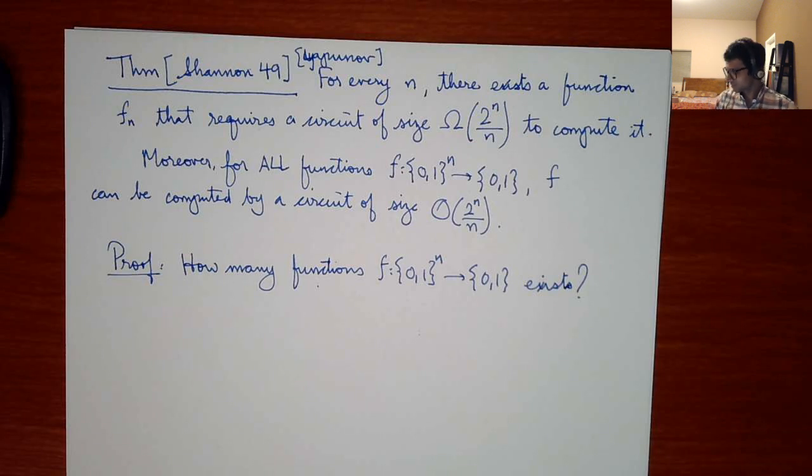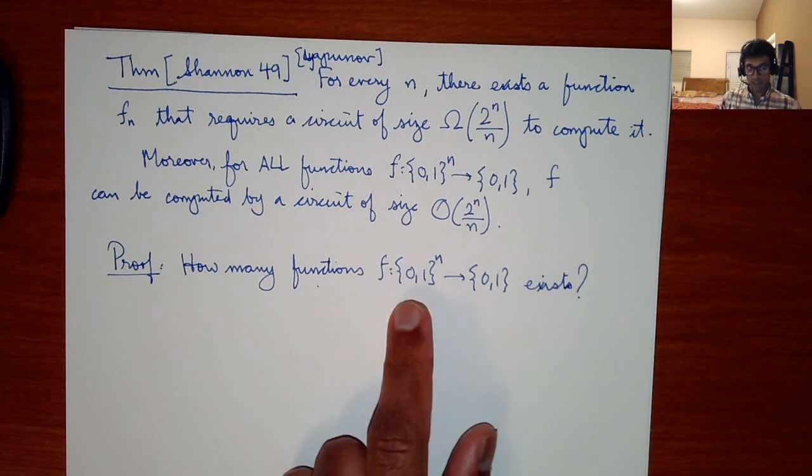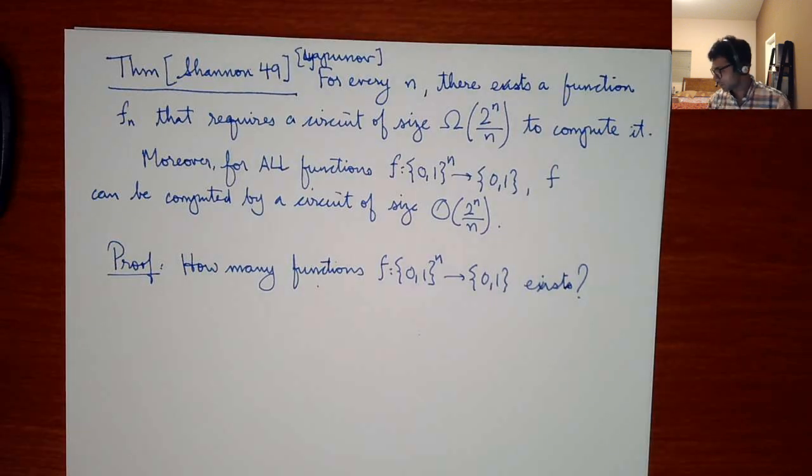Countably infinite? No, it's finite. The input is n bits and the output is 1 bit. Going back to my original answer, I would say for every input, there are 2 choices for the output. And so how much is that?